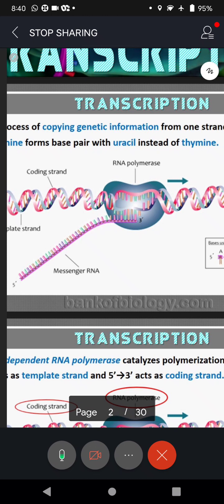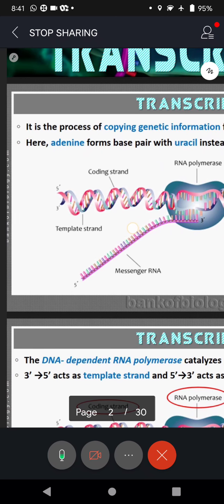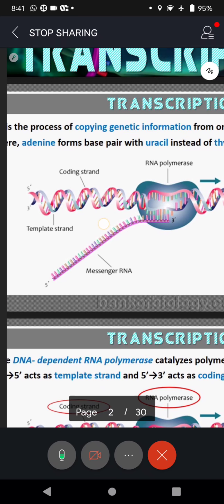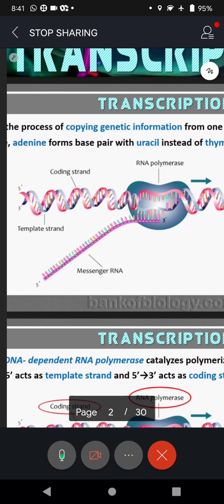And we said adenine always pairs with thymine. But in the case of RNA, there is no thymine. In place of thymine, there is another nitrogen base called uracil. So always adenine will be pairing with uracil in the case of RNA.